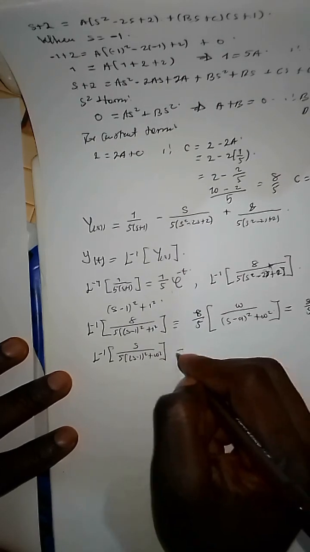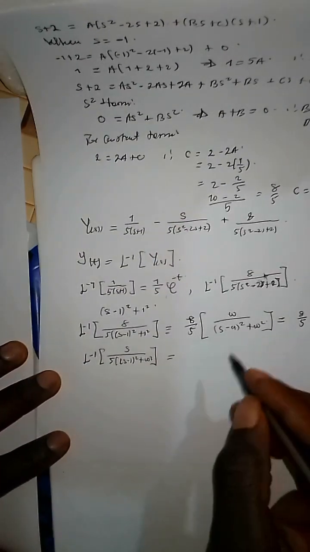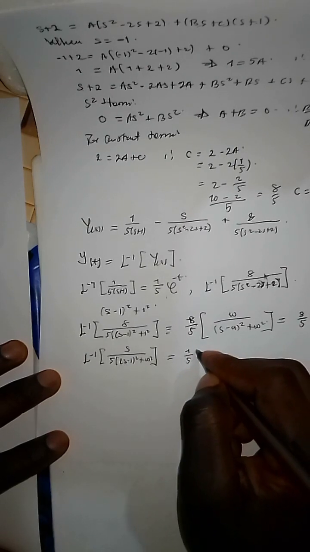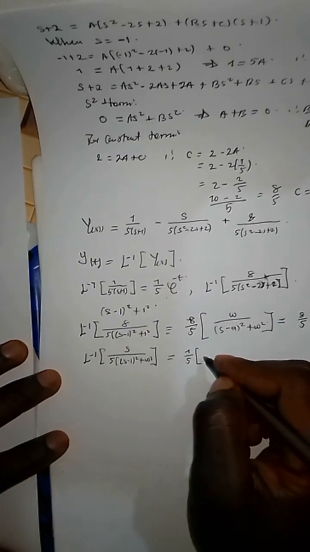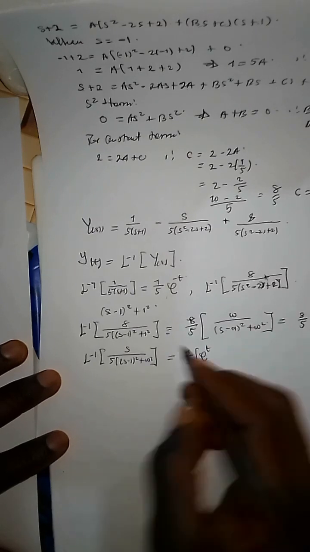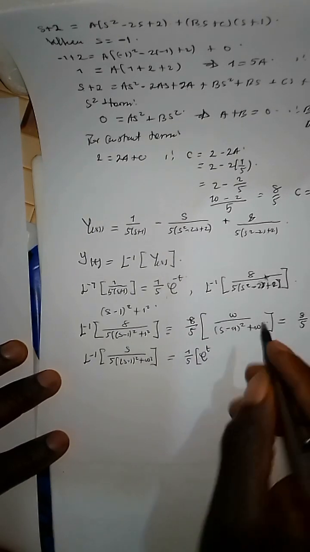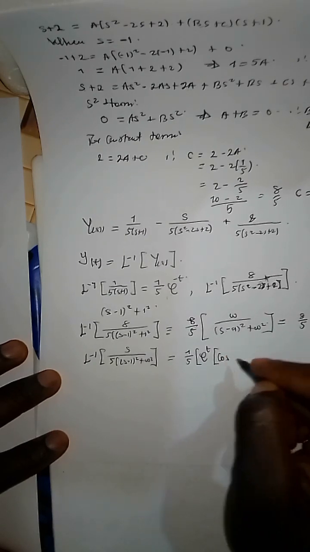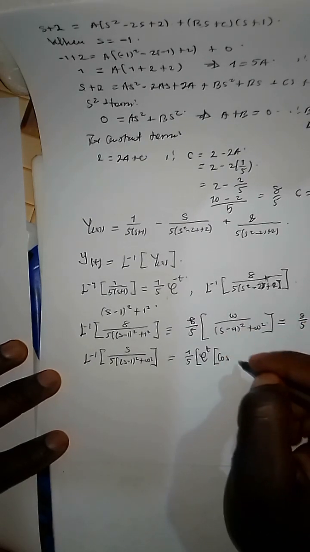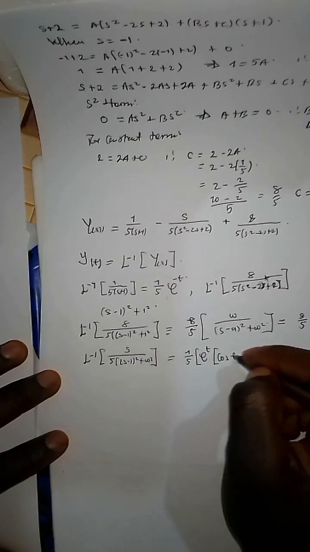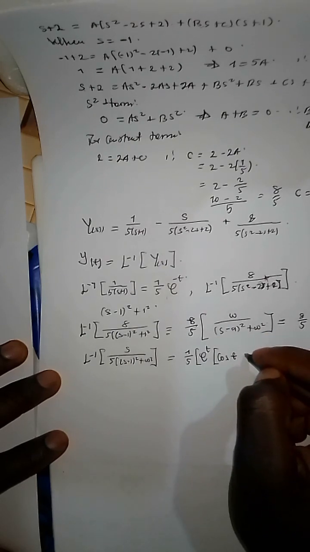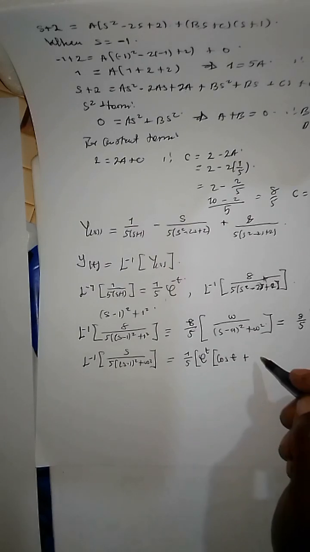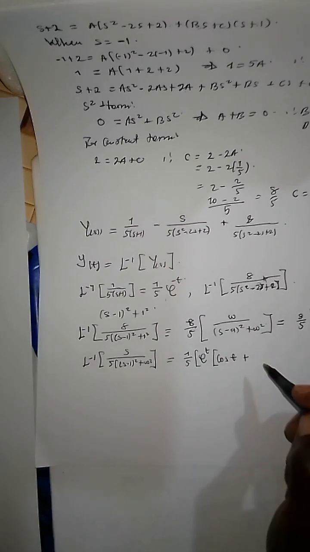Now this will be the same as 1 all over 5 into e to the t, because it's negative we have positive, all multiplied by cos omega t, omega is 1, plus a all over omega.